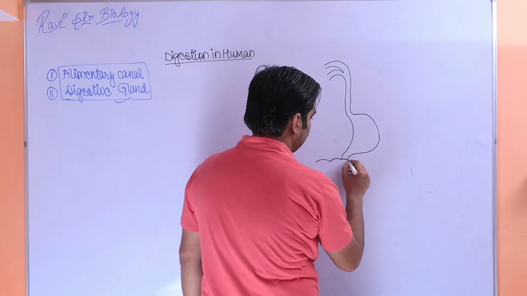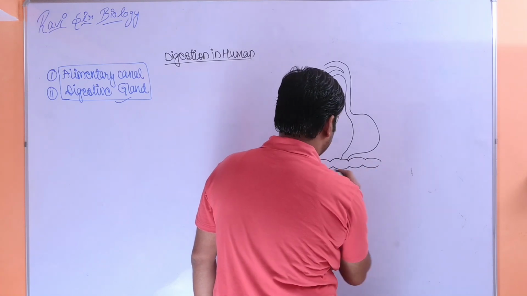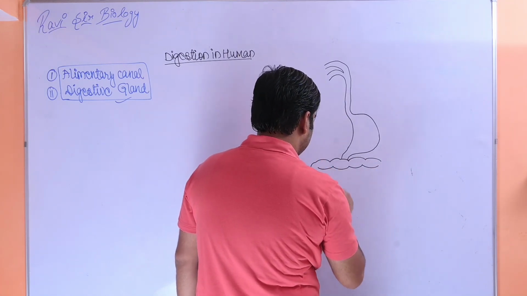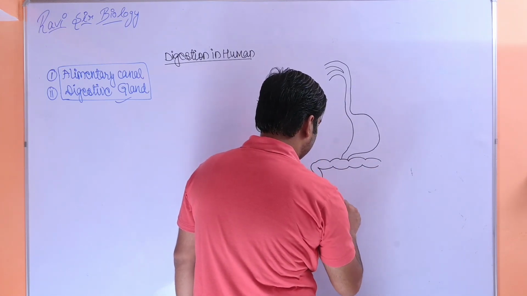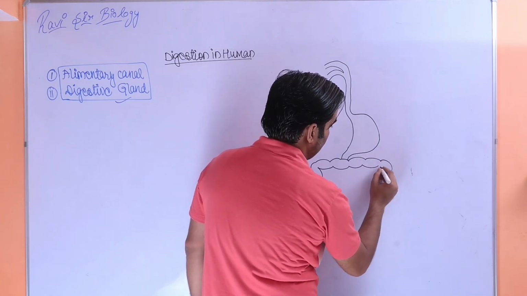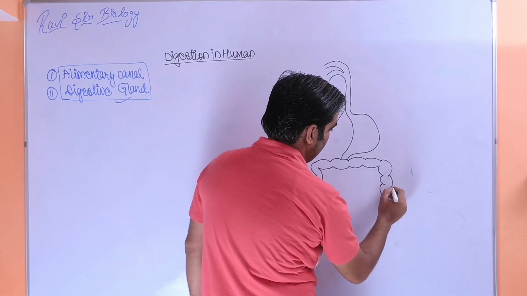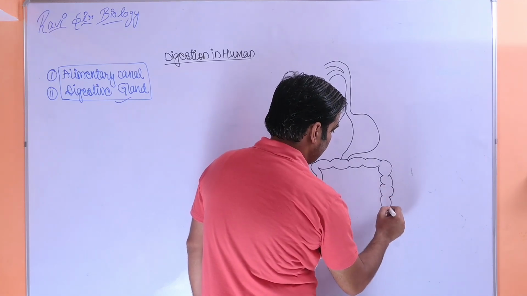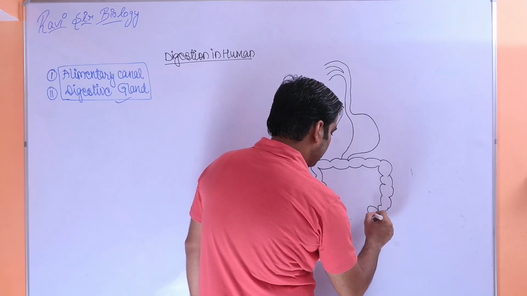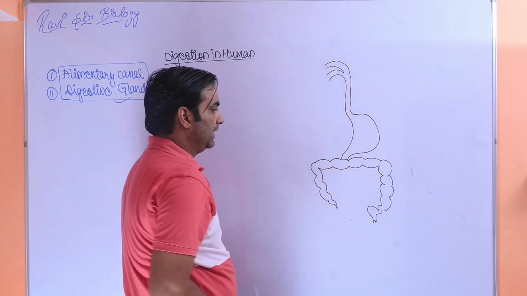This is the part I am drawing here of the alimentary canal, the large intestine, and the end of this is the bag-like structure here.